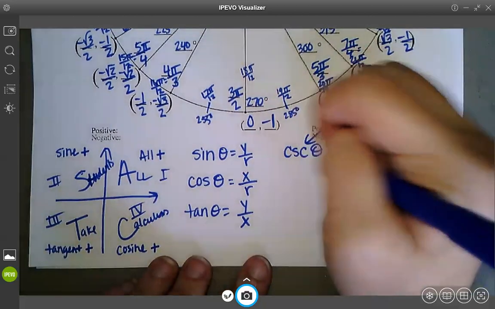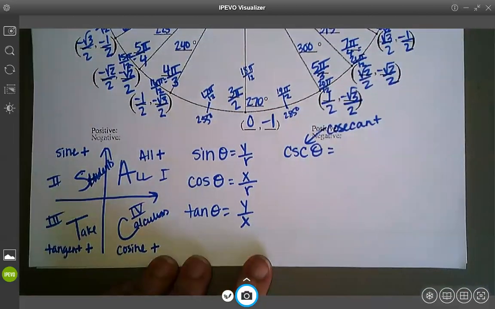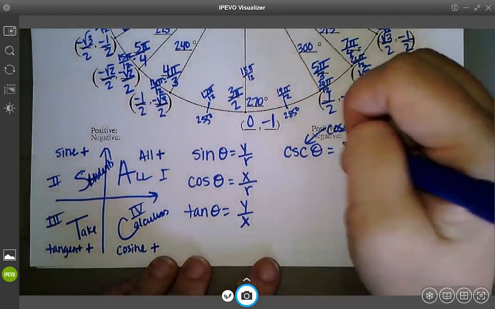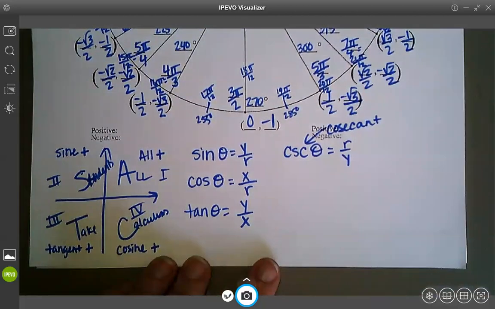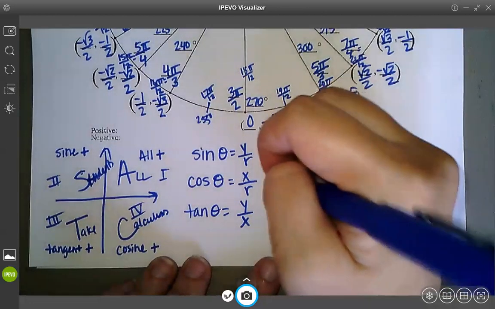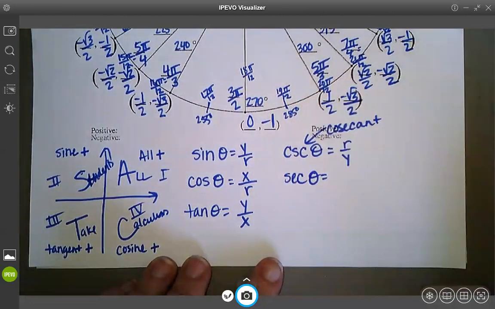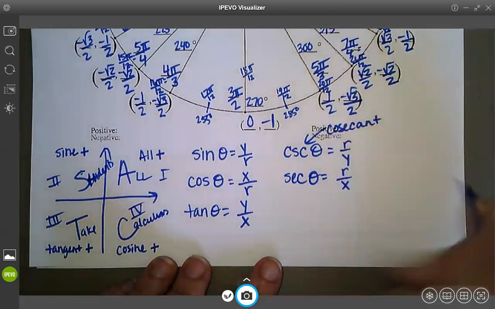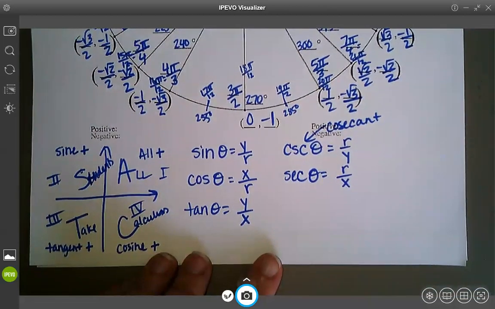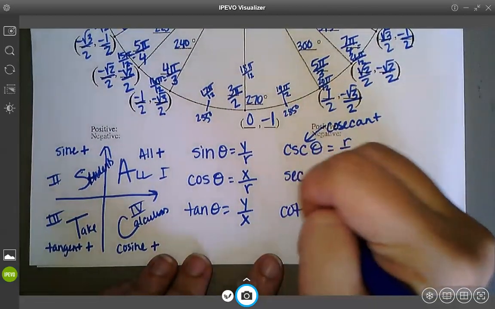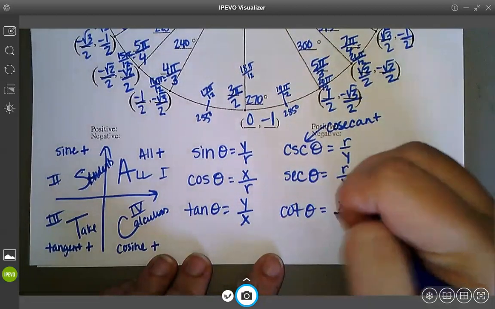Cosecant of theta are reciprocals. R over y. Secant of theta is r over x. And then cotangent of theta is x over y.